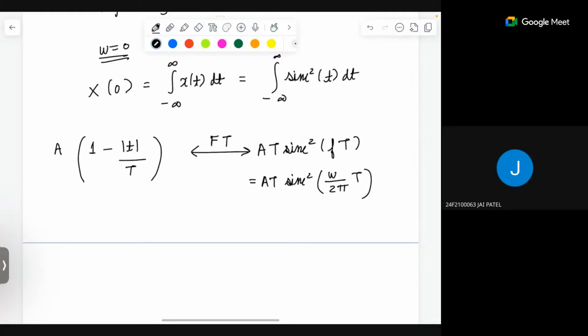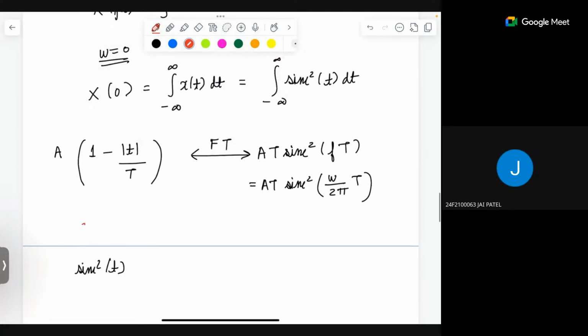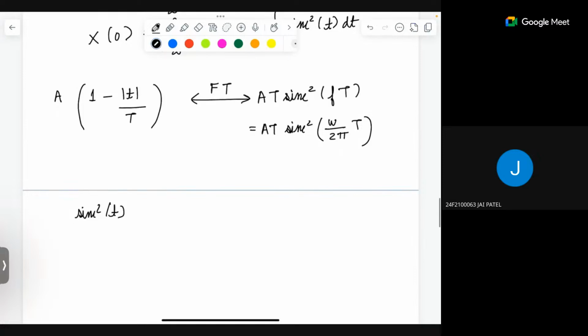So now if I see my time domain signal, it is equal to sinc square of t. But the relation that I gave you here, this is a triangular function in time and the sinc is there in frequency. So what do we do in such cases? We use the duality property.